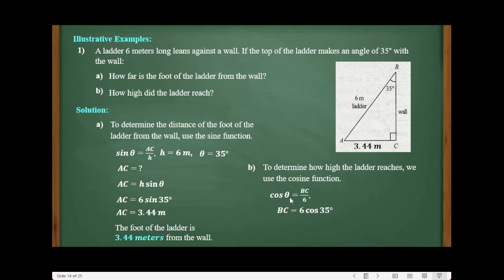You cross product these two. So BC is 6 times cosine 35. Now, in your scientific calculator, cosine 35 is 0.81915. Multiplied by 6, it will give you 4.91 meters. Thus, the ladder reached a height of 4.91 meters.